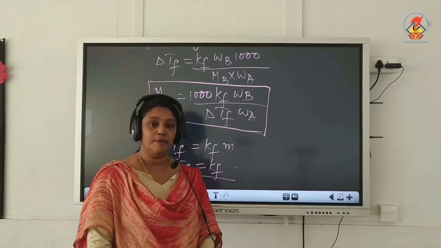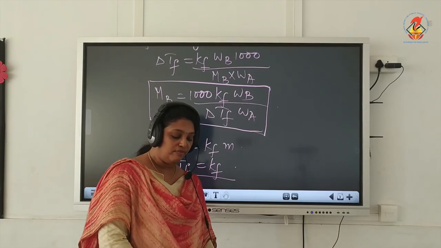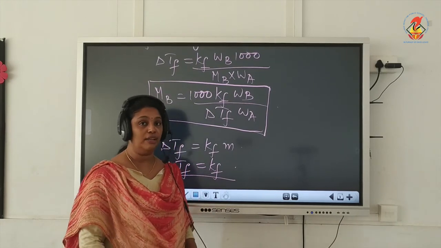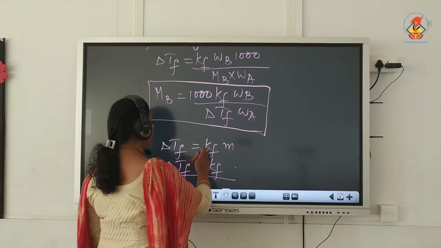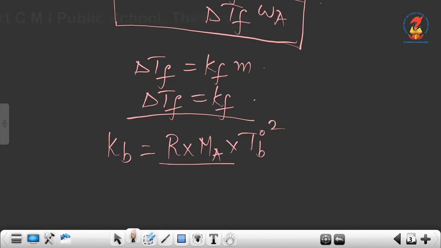Now, there is an expression given in the book to find the value of Kf and Kb, but usually in problem questions the value of Kf and Kb will be given to you, but still we have to learn that expression. The Kb expression is R into Ma into T0B square divided by 1000 into delta H vaporization.